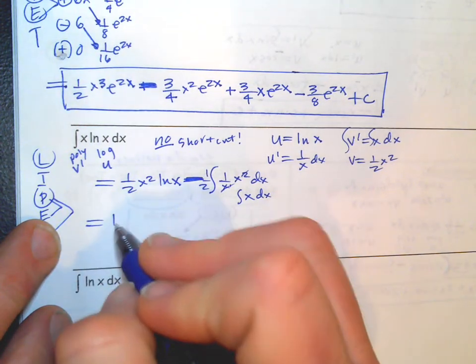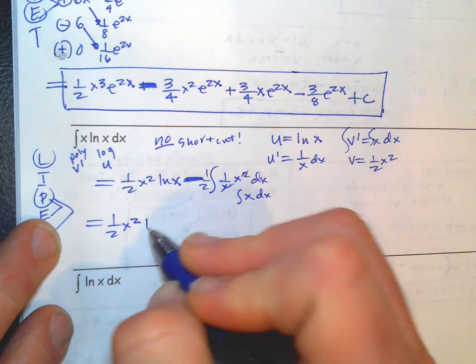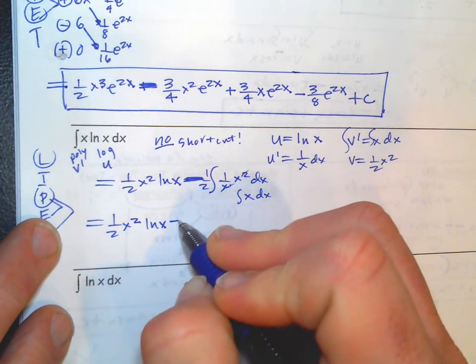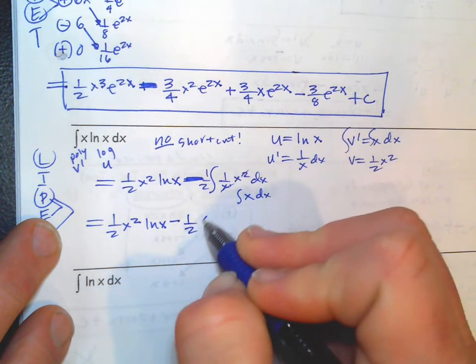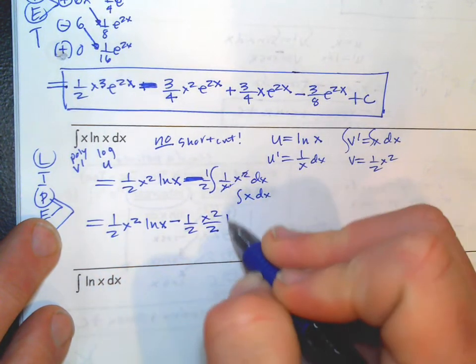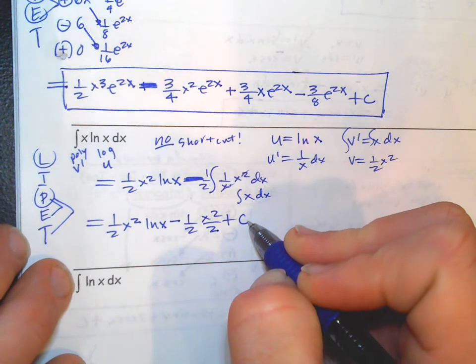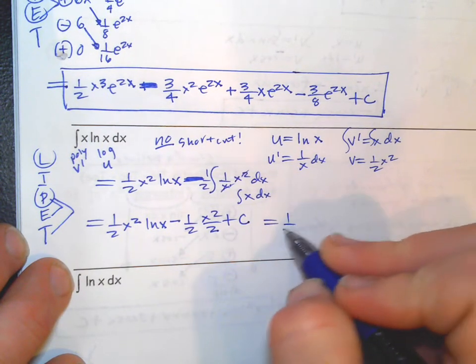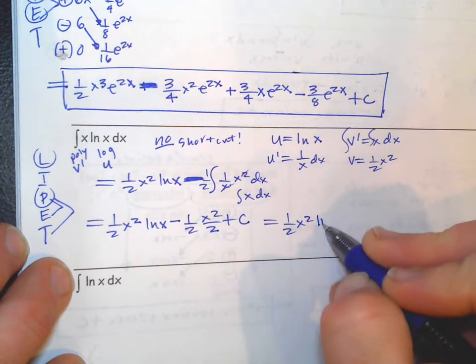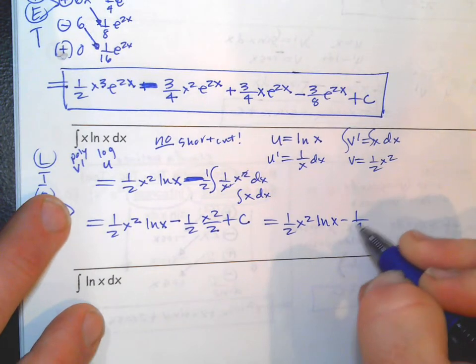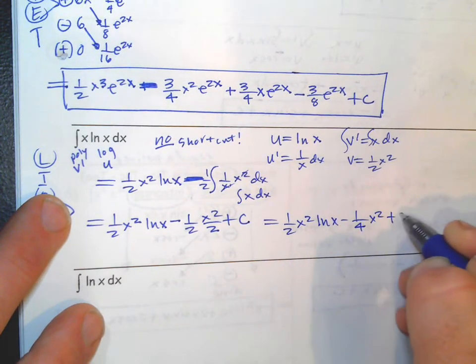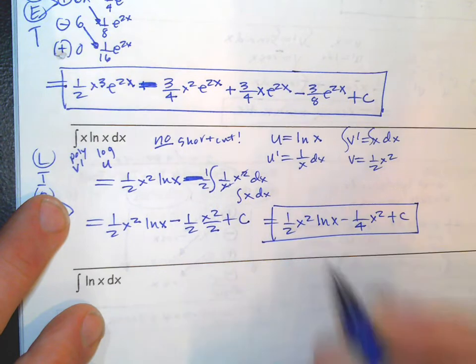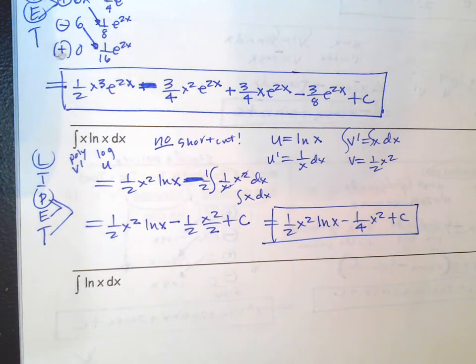So this is going to be 1/2 x squared natural log of x, minus 1/2 x squared over 2, power rule, plus c. Final answer: 1/2 x squared natural log of x, minus 1/4 x squared plus c. That's how you do it.